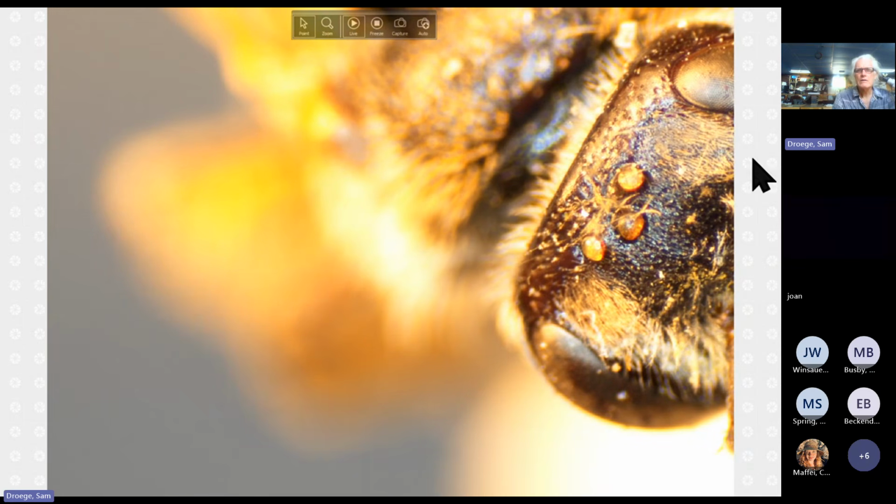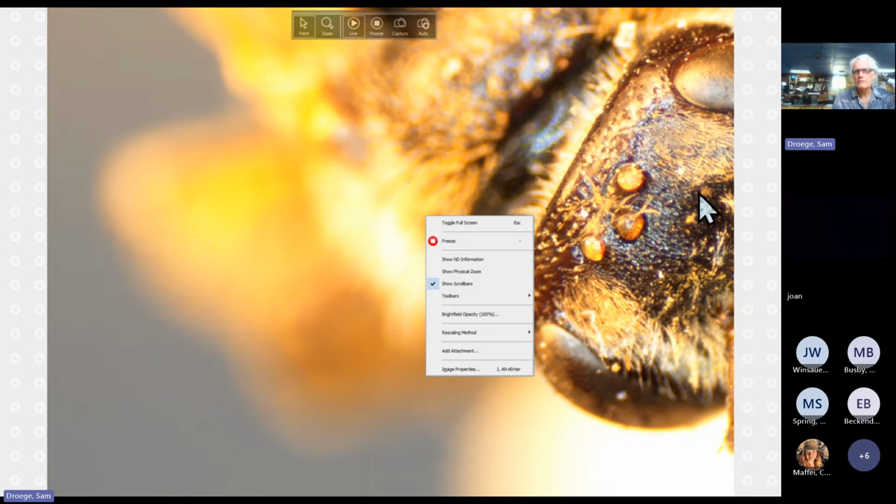Okay, so note here, this is just that area below the central ocelli that we sometimes look at. Not smooth, rugged, hard to see, very dulled by lines and pits here and there. But if we look at this distance, you can see that this distance to this distance is much greater than the diameter of the ocelli.